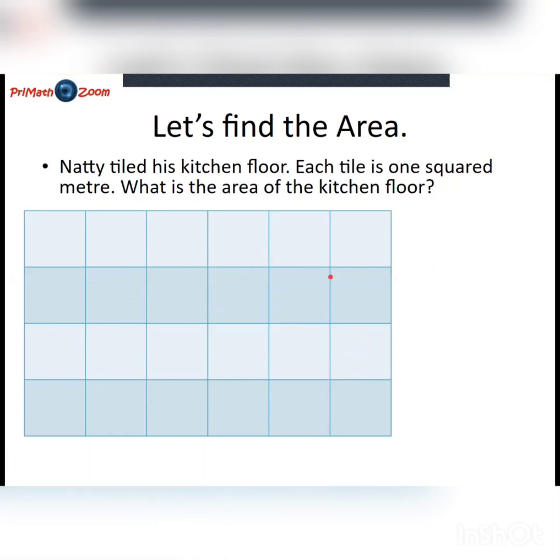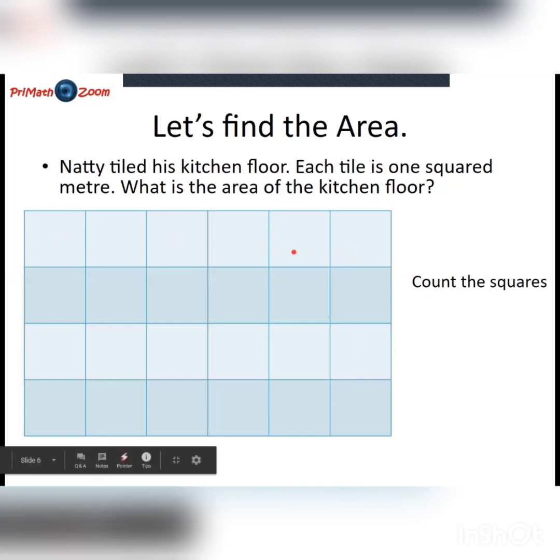Now we don't know the units yet, but here it says we could count the squares. And if we count up top, we have 1, 2, 3, 4, 5, 6. And at the side, we have 1, 2, 3, 4. So we counted and we got 24 squared units.